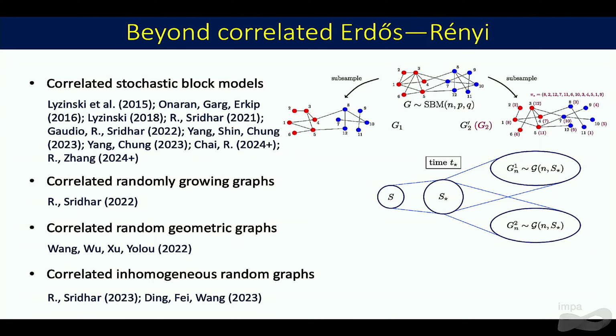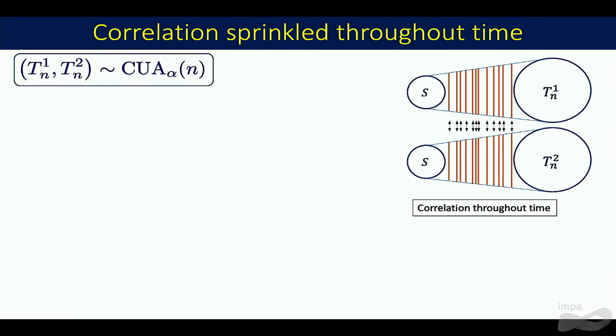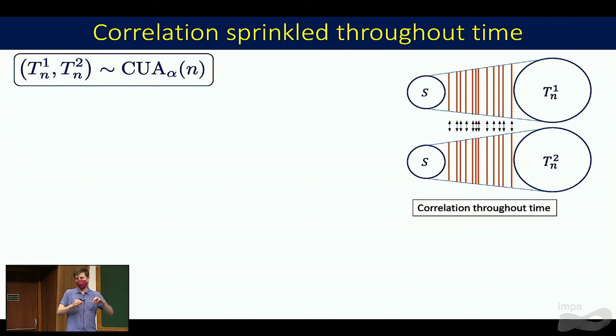And we also considered correlated inhomogeneous random graphs, so you can consider all kinds of models. Now, a particular model that I think is simple and interesting is the one I told you about on Monday. Here, we have two uniform attachment trees. That's the simplest model, and they're correlated through time.